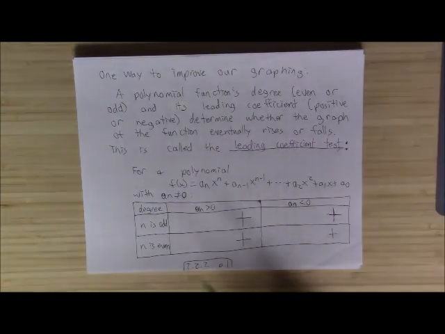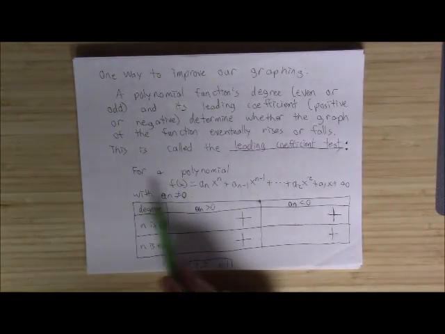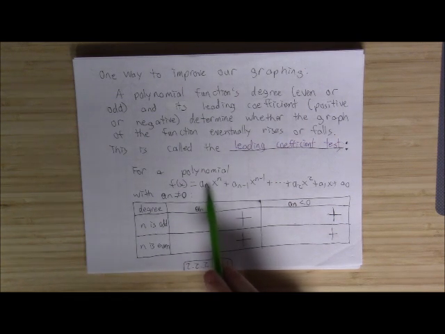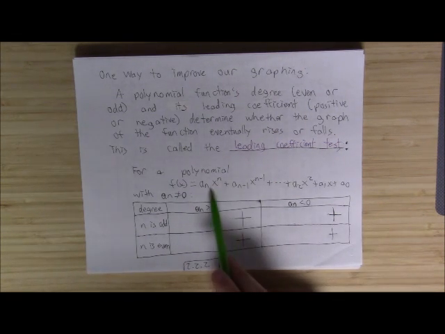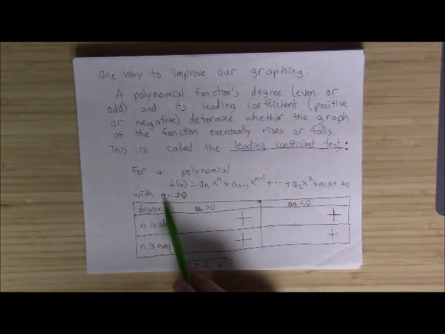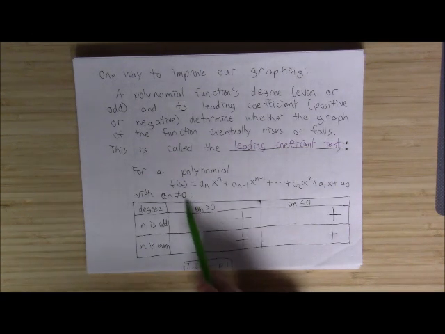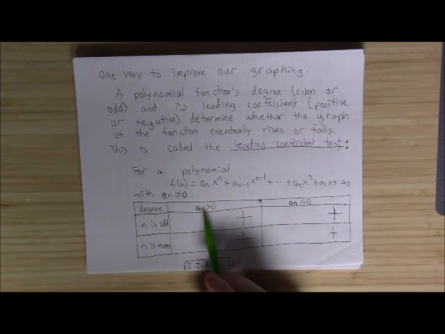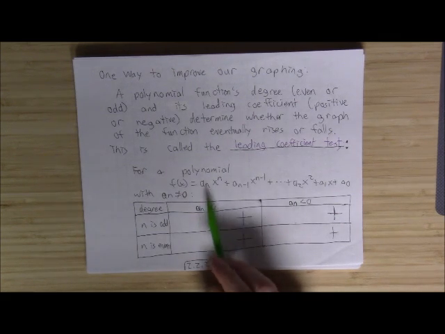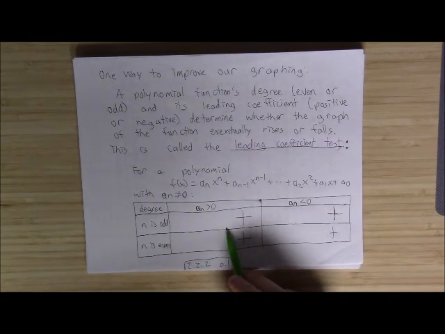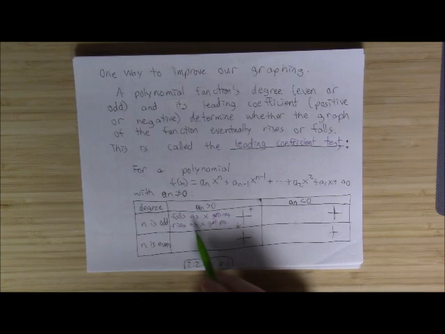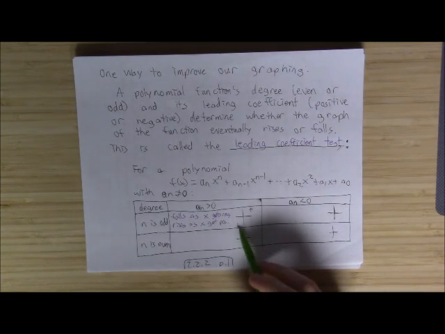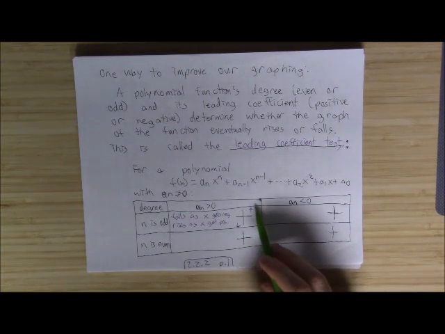In particular, diving a bit more into this, we have for a polynomial f of x equal a_n x to the n all the way down, so of degree n, with our leading term not equal to 0, we see that if the degree is odd and a_n is positive, the leading coefficient is positive, then it will fall as x gets negative, and it will rise as x gets positive.